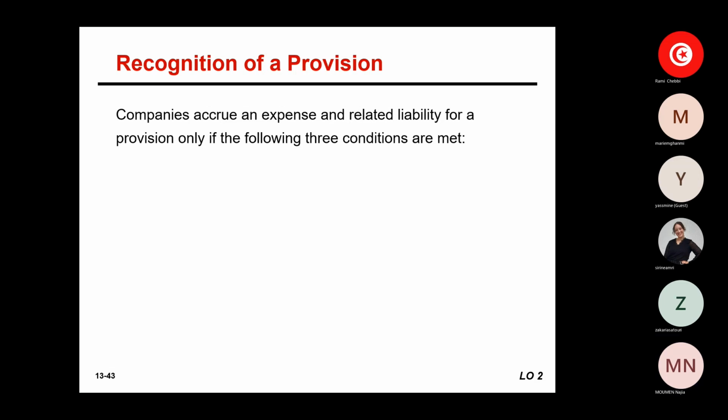In most cases, if businesses were free to recognize anything as a provision, recognizing an expense in the debit and a liability account in the credit in the form of a provision, it would open the door to earnings manipulation. Just keep in mind that if I debit an expense account and a related liability account, I will what?